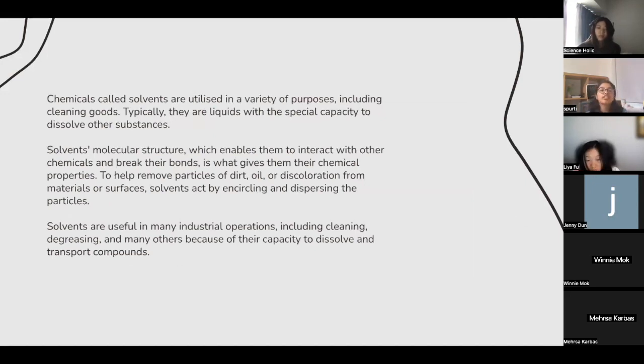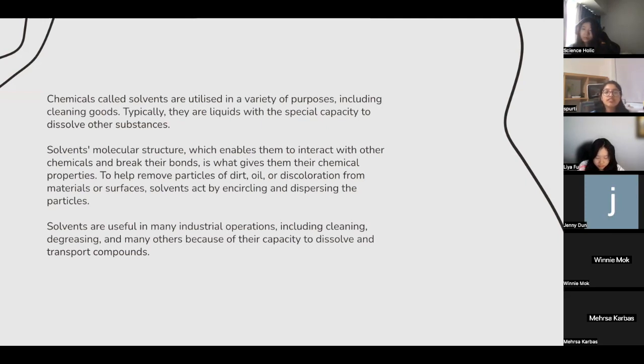So another chemical which is used for a variety of purposes, including cleaning goods, are called solvents. Typically, they are liquids with the special capacity to dissolve other substances. The solvent's molecular structure helps them interact with other chemicals and break their bonds, and that's what gives them their chemical properties.